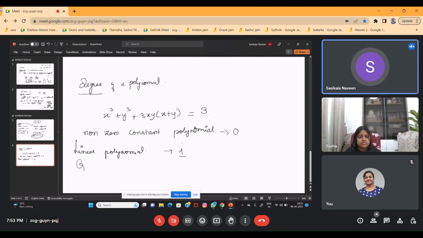Quadratic polynomial. Next year you will study this. You will study quadratics in a separate chapter. Quadratic means degree is 2. Cubic polynomial means degree is 3.